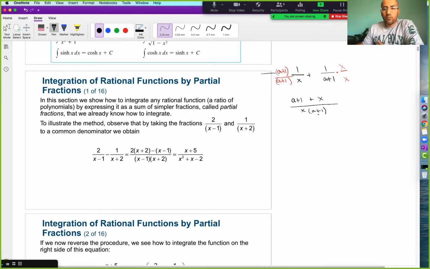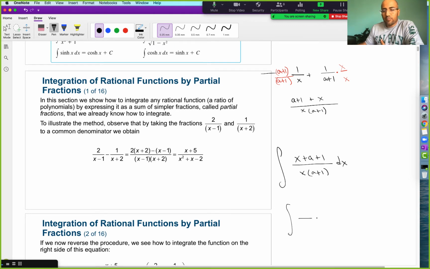Right? Okay, so now if we wanted to integrate this ugly looking fraction, x plus a plus 1, all over x times a plus 1 dx, then it would be nice if we knew how to break this ugly thing down, right? This looks really ugly. And in fact, it might even be uglier if we distribute that x.